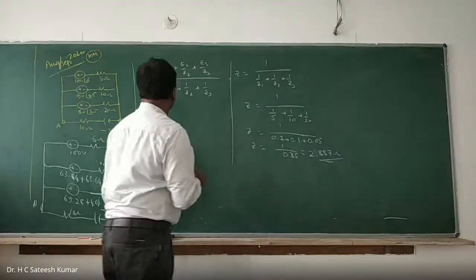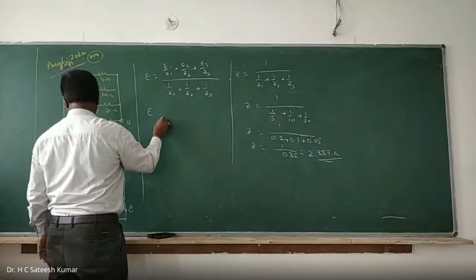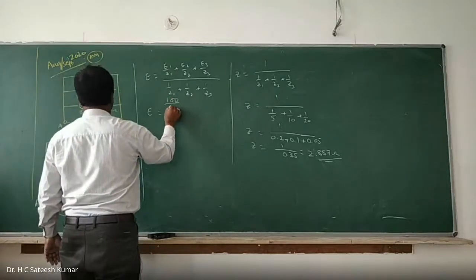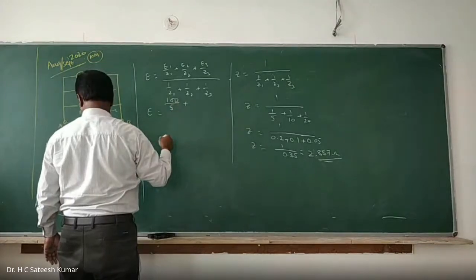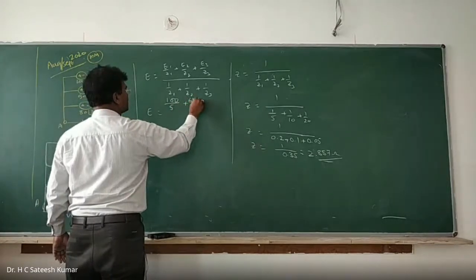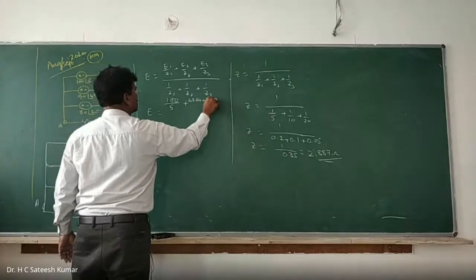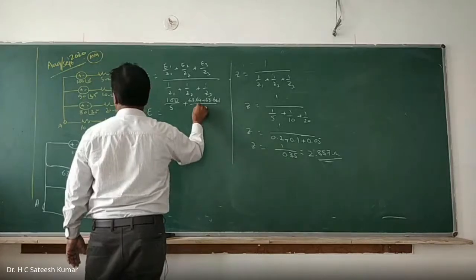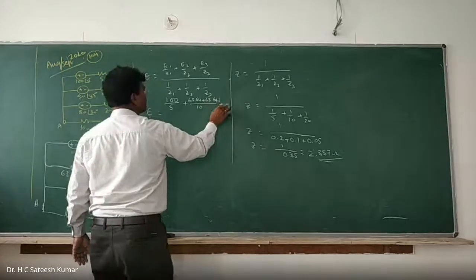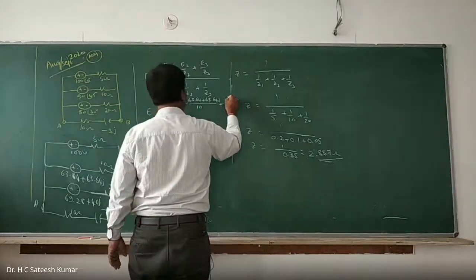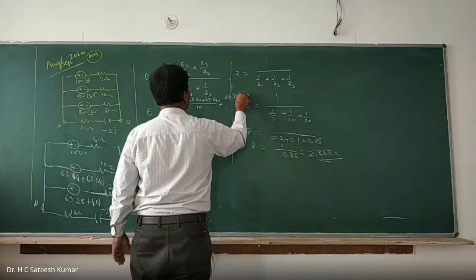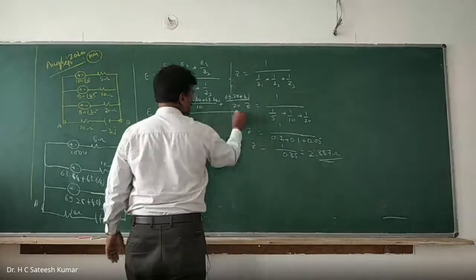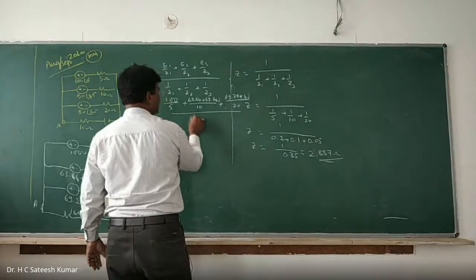Now you go for E. E is equal to what? E1 is 100. 100 divided by 5 plus 63.64 plus 63.64J divided by 10, plus one more value: 69.28 plus 40J divided by 20, whole divided by 0.35.